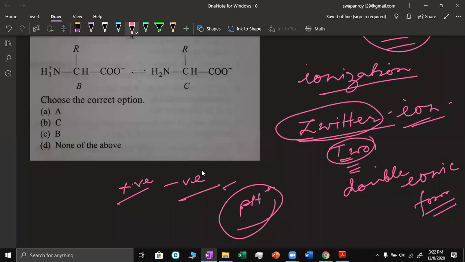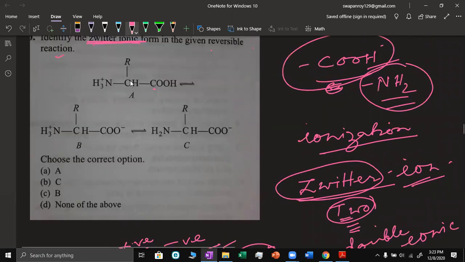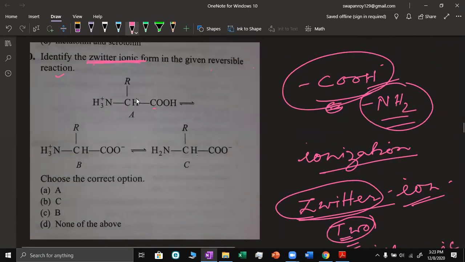This is because at a particular pH one or the other undergoes ionization, or both. Okay, and that's why, which one is the zwitterionic? This one, B.